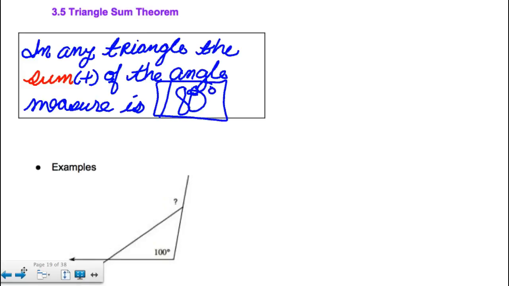So in any triangle, the sum of the angles is always 180 degrees.